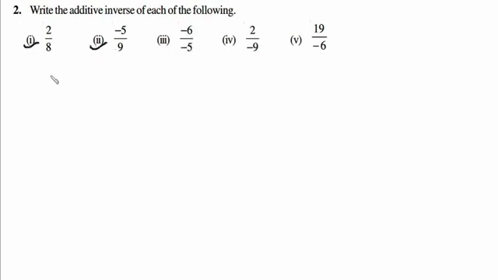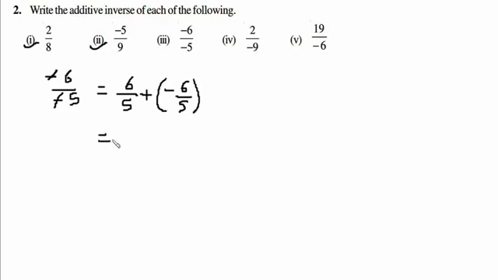Now the third one, negative of 6 over negative of 5. Before moving any further, let's solve it. Negative negative can be cancelled out. We are left with 6 over 5. So the number is 6 over 5. What should be added to it so that we can get this number as 0? So it will be negative of 6 over 5.